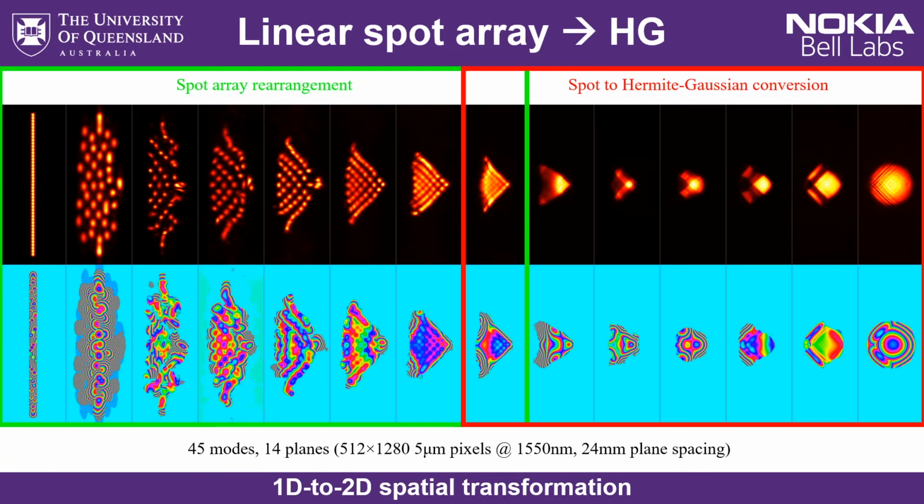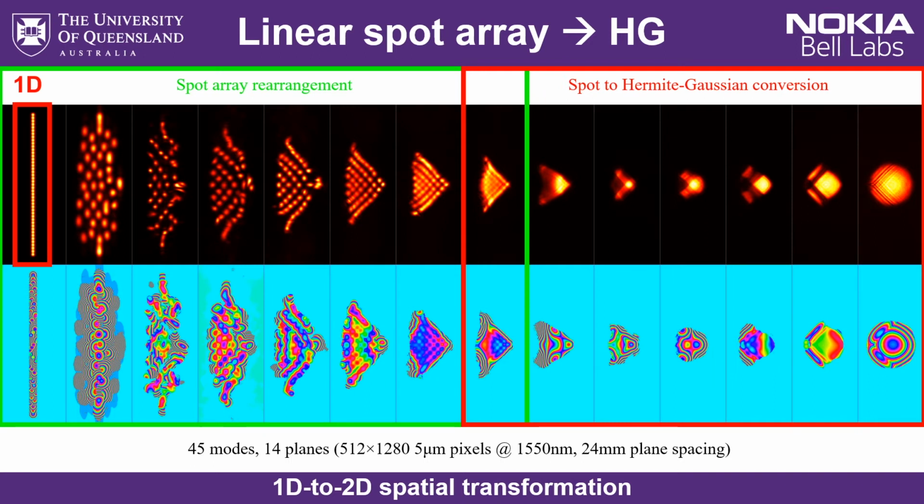Another implementation we've used is a 2D to 1D transform, which maps all the HG or LG modes onto a pseudo-slit. So that is a 1D array of identical Gaussian spots. This is a 45 mode device, which maps each HG mode on the 2D side, on the right, to a specific spot in the 1D array on the left.